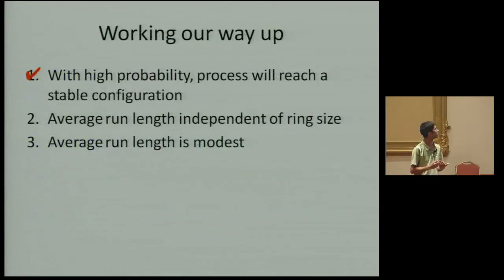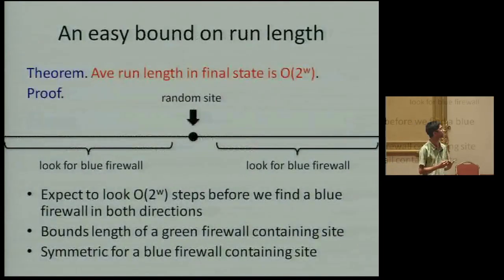We know it halts now. Next, we want to show that segregation is local and not global, in that it's independent of n. We do this by examining solely the initial configuration, actually. We show the average run length is going to be big O of 2 to the W. Consider a random site and look in one direction until you get to a blue firewall. The question is, how many sites will you have to look before you see a blue firewall?